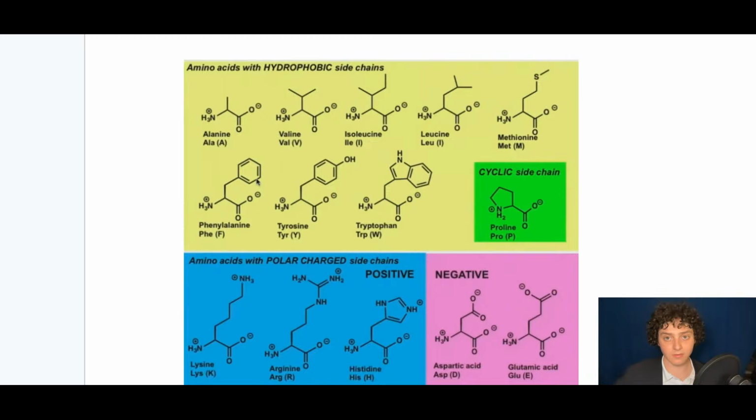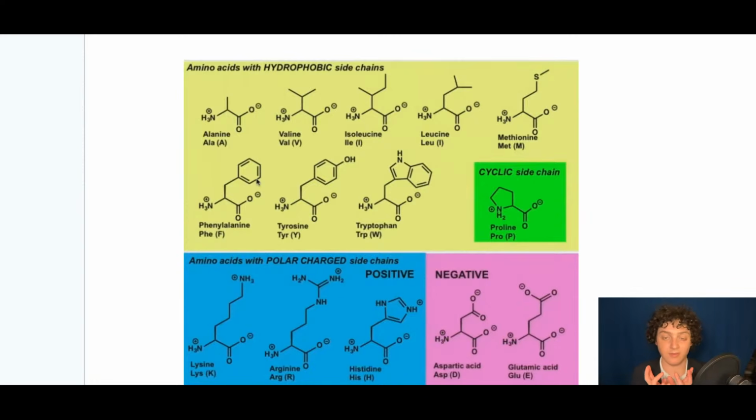So proteins can be very long chains of amino acids. And when a protein is done being formed by the ribosome and then other parts of the cell, the parts of the protein that have those hydrophobic amino acids are going to be in the middle of the protein, whereas the ones that have hydrophilic amino acids are going to be on the outside.